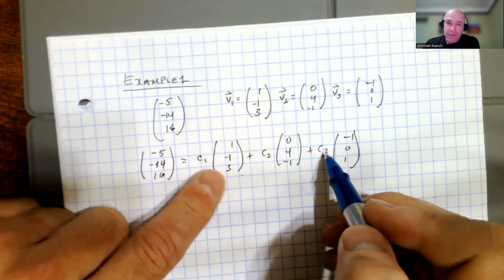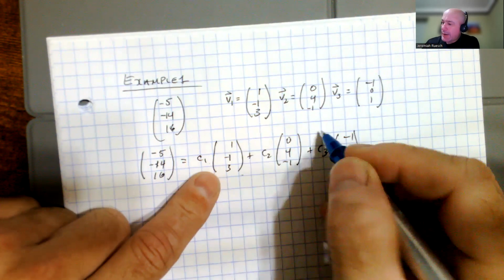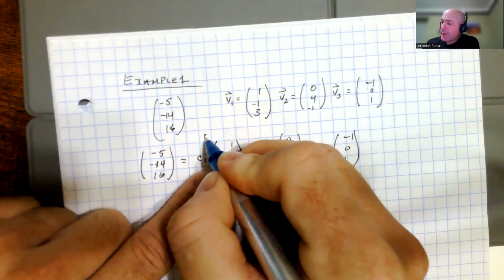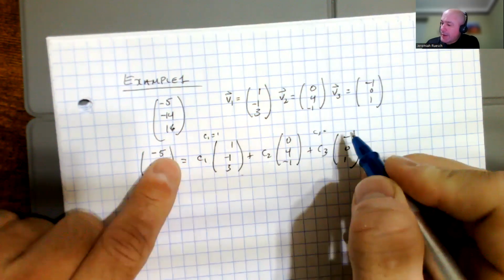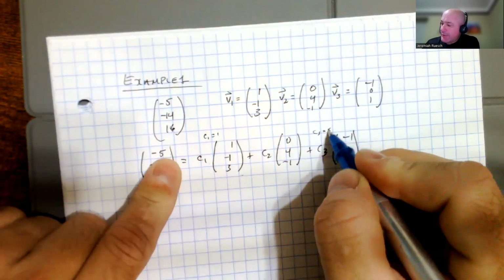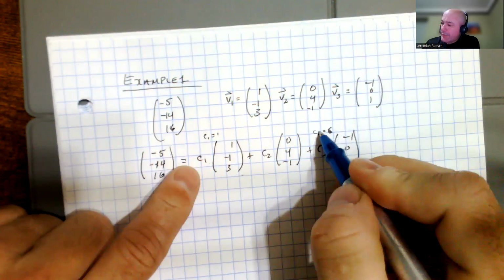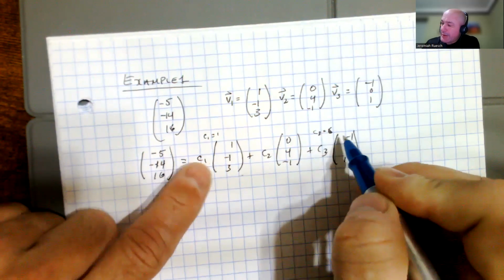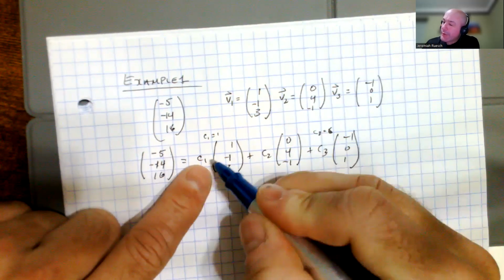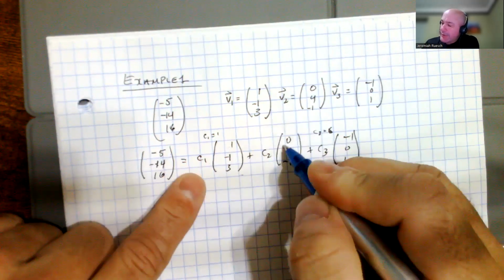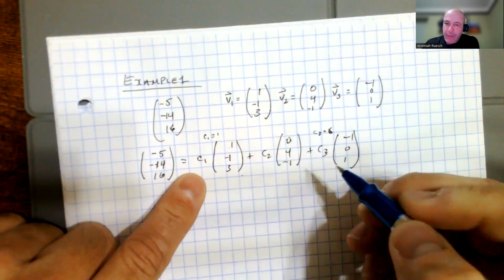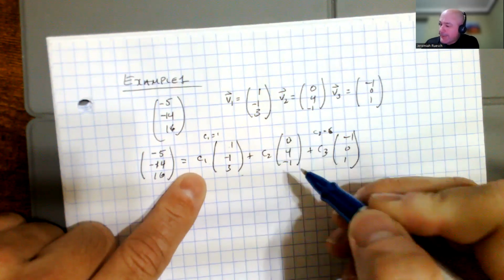If c1 is, let's say, 1, then c3 would have to be a -5, that would have to be a 6. So 6 times -1 is -6 plus 1, c1, is -5, so that would work. And c2 doesn't play any role here because of the 0 for the x coordinate.